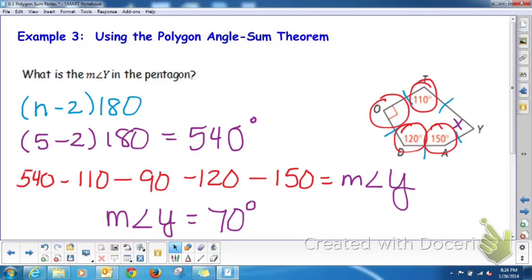When you simplify, the measure of angle y is equal to 70 degrees. So first we found the sum of the measures of the interior angles of this pentagon. Then we subtracted the angle measures that we knew in order to find the one we didn't know. And don't be fooled by this 90.